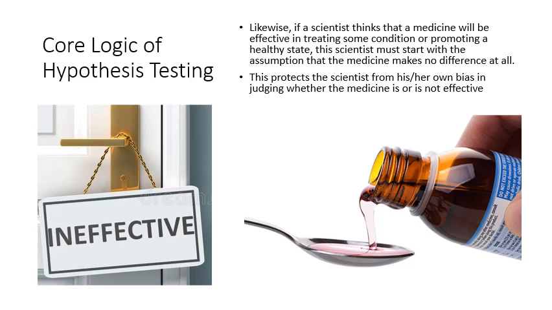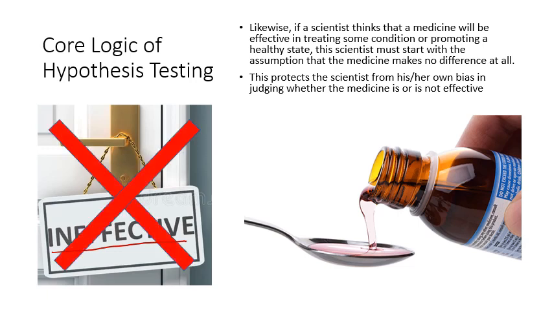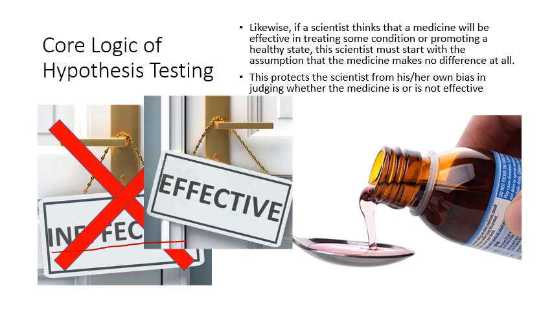So the scientist, no matter what he might wish for in terms of having discovered a good medicine, will always start with the idea that the medicine is ineffective and will only cross this out if there's sound evidence that it is effective. So isn't that weird, right?